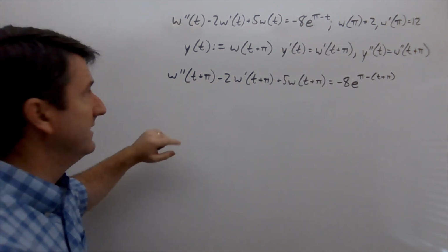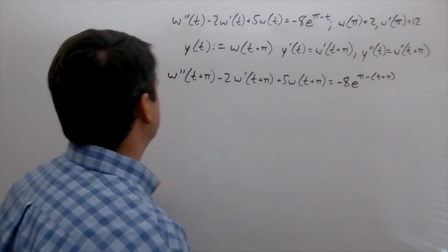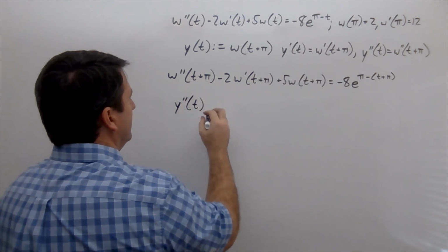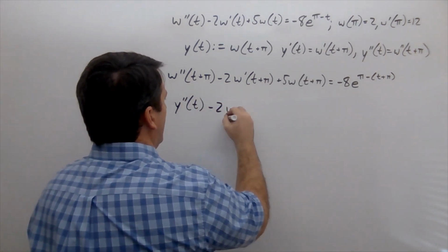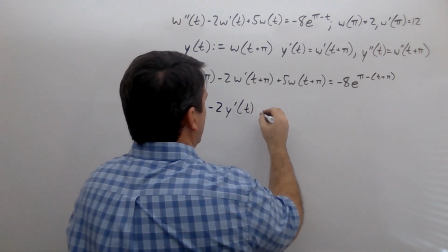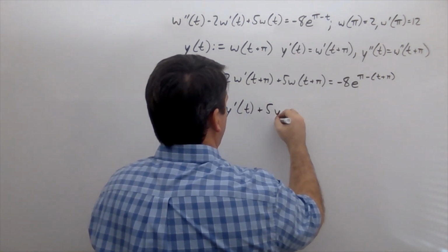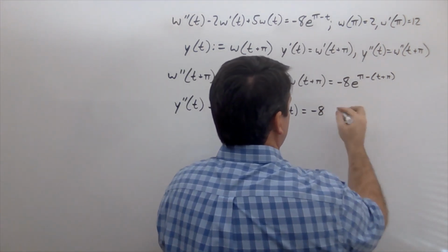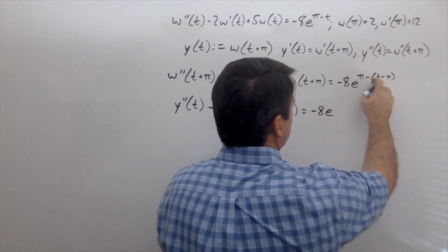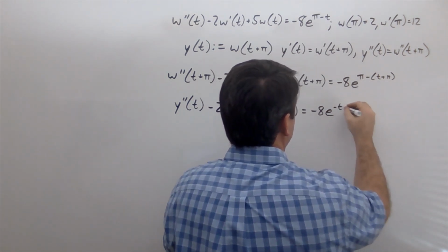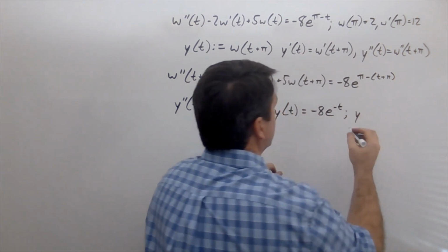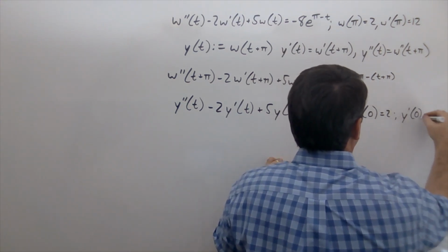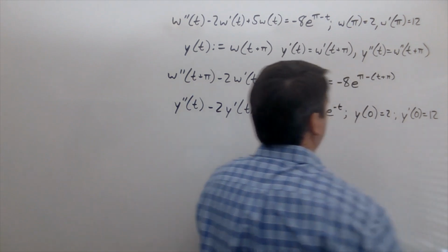And now let's replace these w's of t plus pi with y of t. So we have y double prime of t minus 2 y prime of t plus 5 y of t is equal to negative 8 e to the pi minus pi is going to be 0, so this is just negative t. And then now our initial conditions are y of 0 equals 2 and y prime of 0 equals 12.